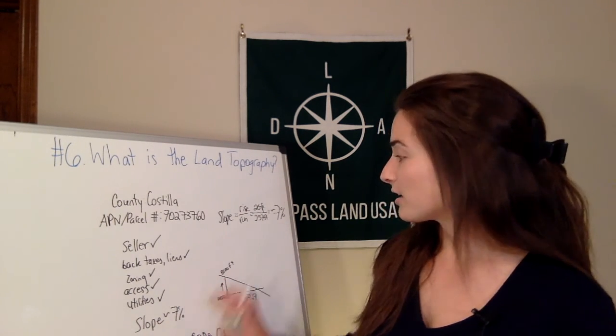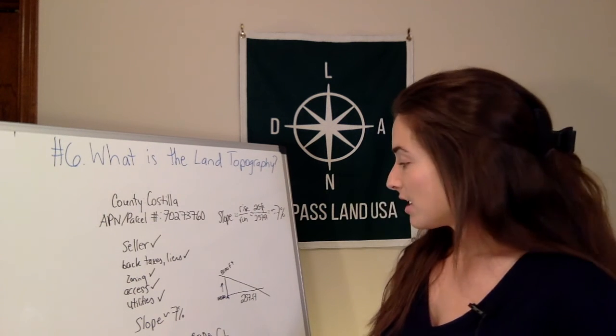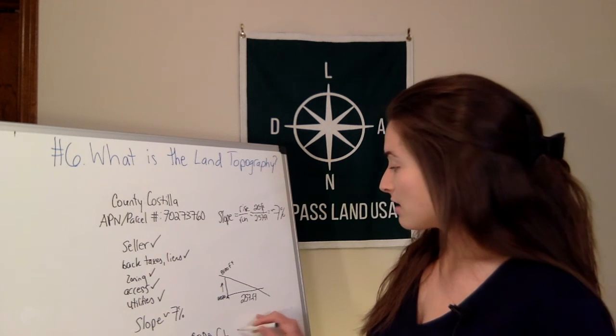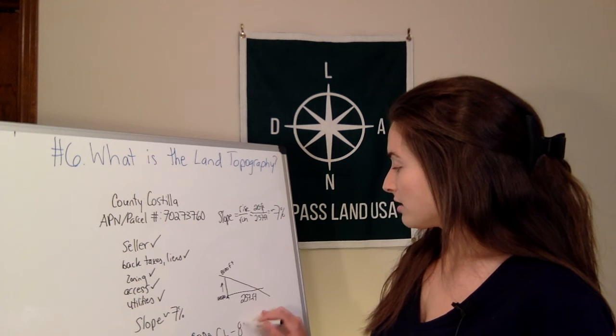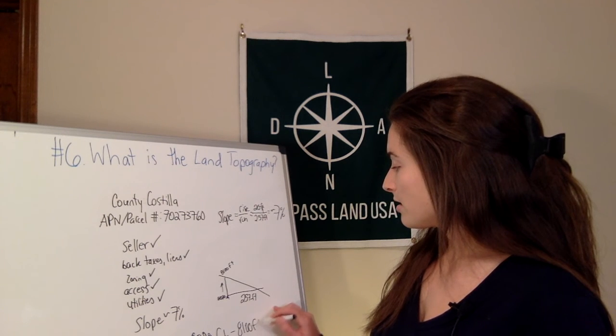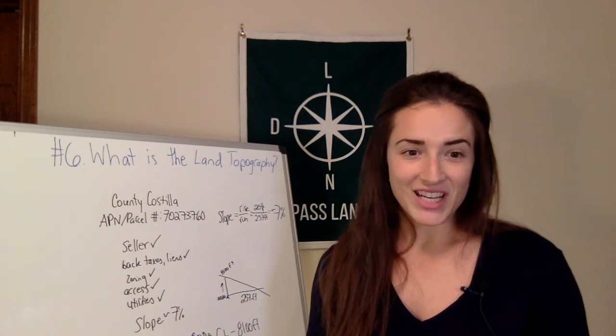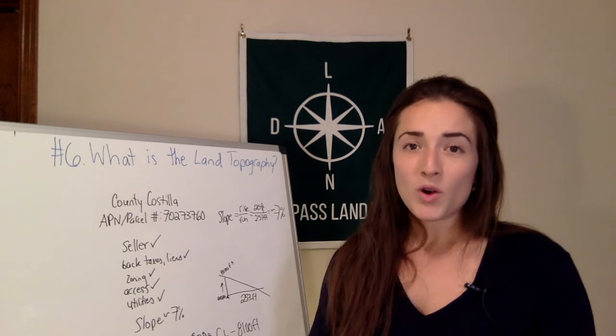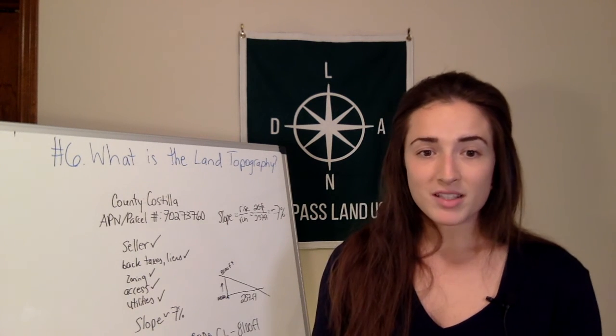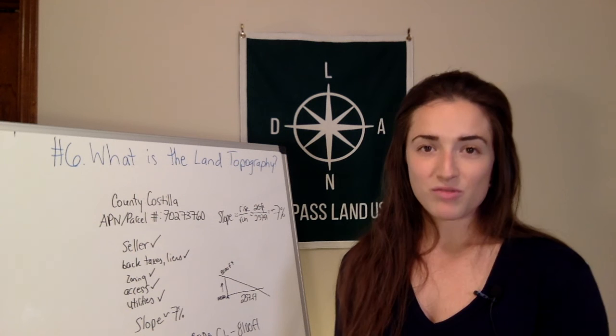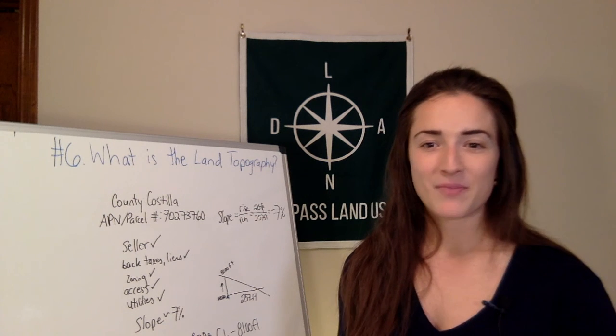So we calculated approximately 7% and an elevation of 8,080 to 8,100 feet. So at this point, you are more than capable of making an informed decision on whether or not you want to move forward with your land purchase.